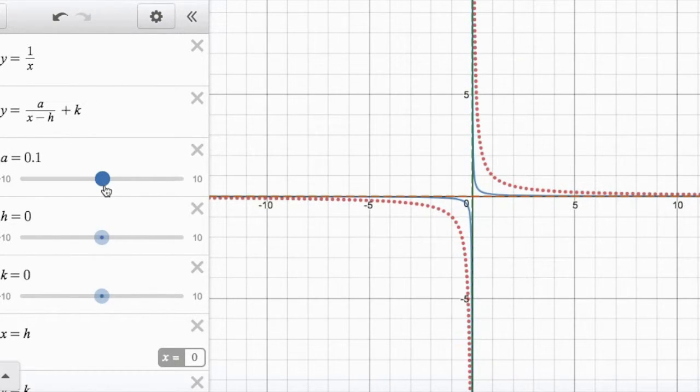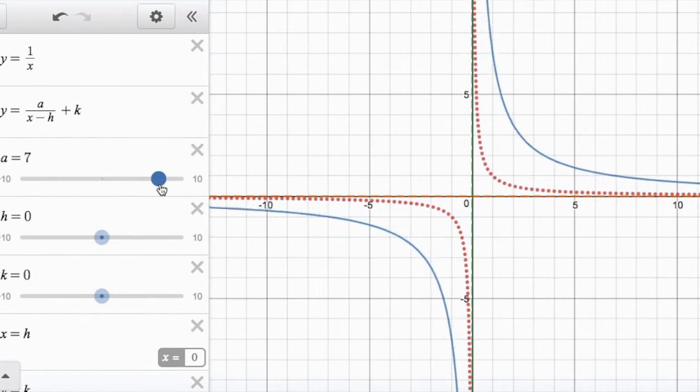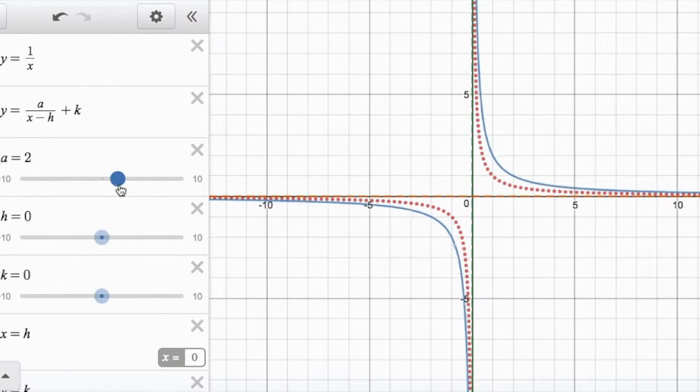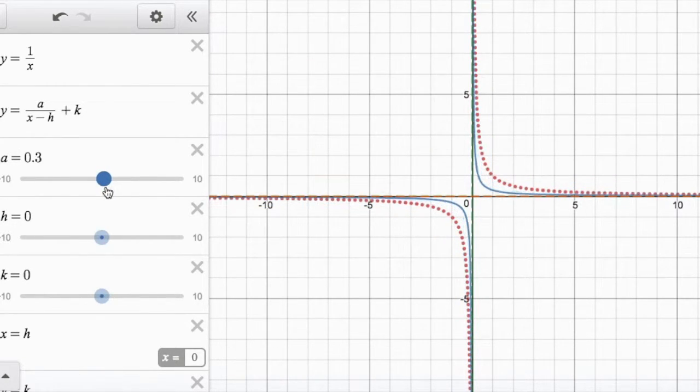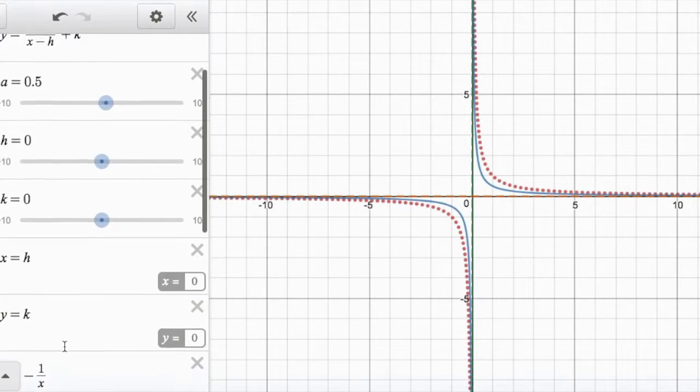There are still no intercepts, and the asymptotes are still the x and y axes, or x equals h and y equals k.